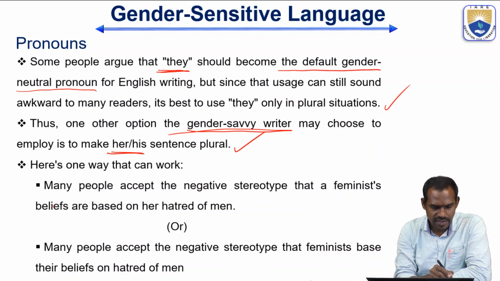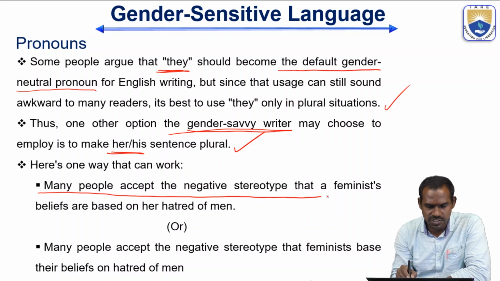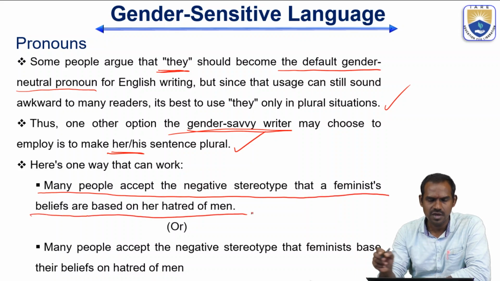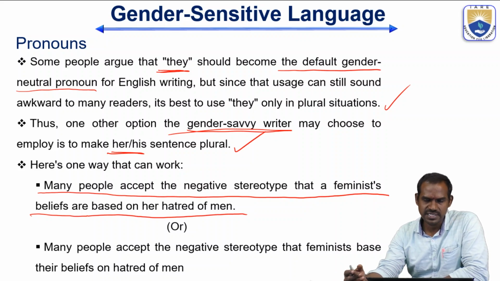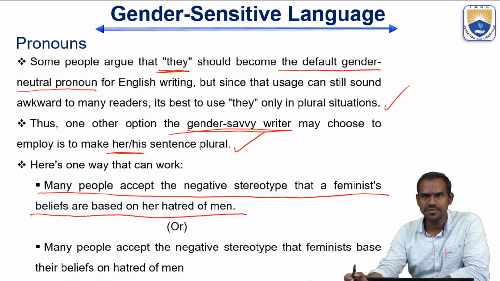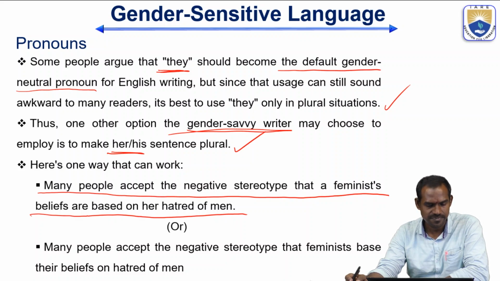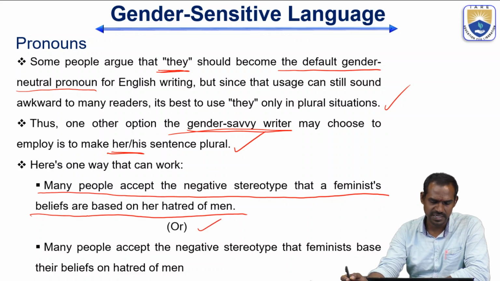Many people accept the negative stereotype that a feminist's beliefs are based on her hatred of men. It can be represented in another way: many people accept the negative stereotype that feminists base their beliefs on hatred of men.